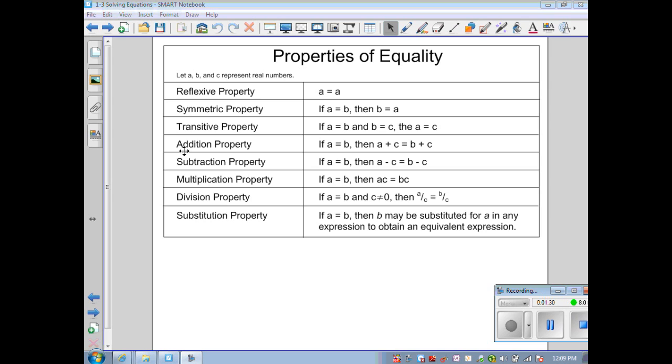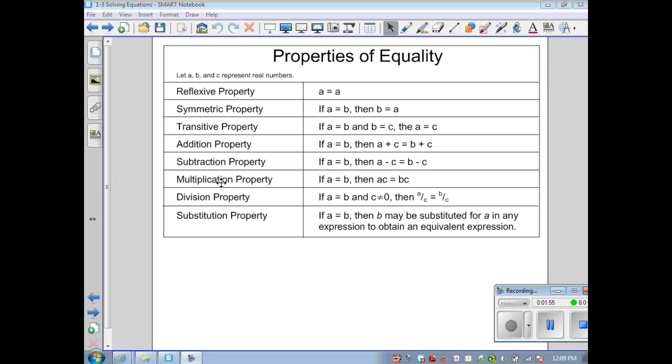Addition property. If I already have that A and B are equal, then if I add the same quantity to the left and right side of the equal sign, then that left and right side should remain equal. Subtraction property. If I have two quantities that are also equal on the left and right side of the equal sign, and I subtract the same amount from both of those quantities, then the left and right side of that equation will remain equal.